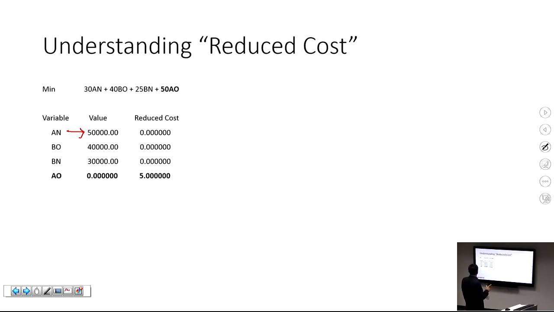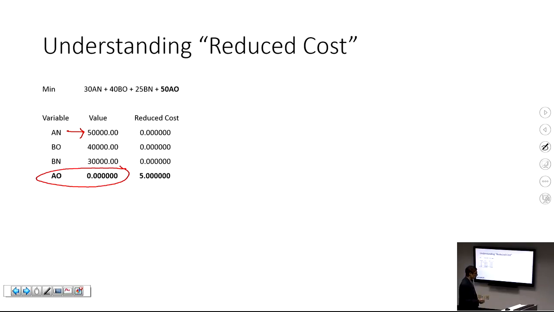So next, let's talk about reduced costs. At the moment, as you see, this variable is 0. What that means is, currently, we are not making any product A on the old production line, okay? And if you want to start making product A on the old production line, then what needs to happen?